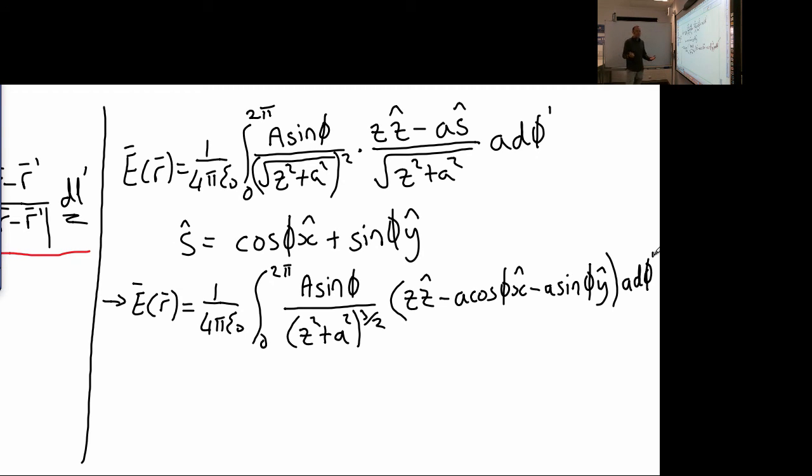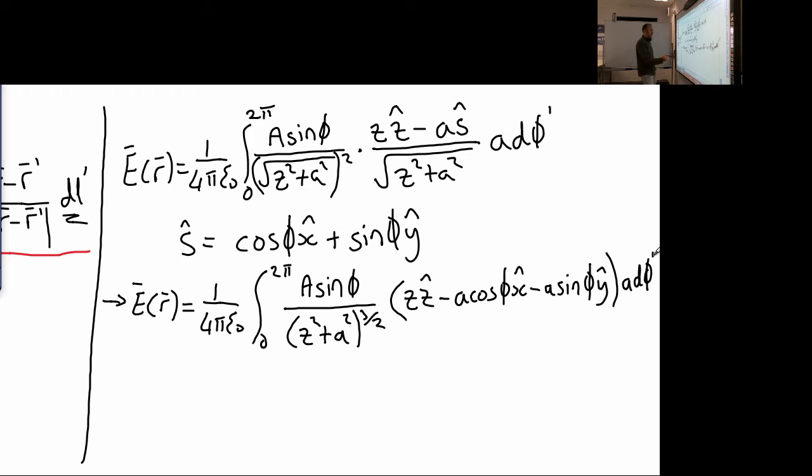Okay, so now what we have are three integrals that we can solve. We've got an integral for the z hat term, we've got an integral for the x hat, and we also have an integral for the y hat. And now because these are constant in direction, they can be taken outside the integral.